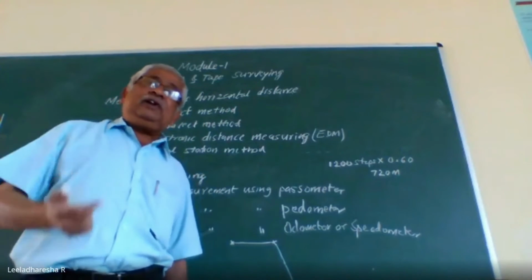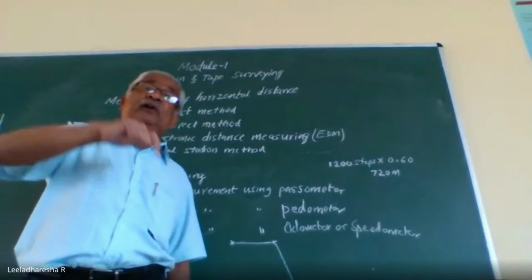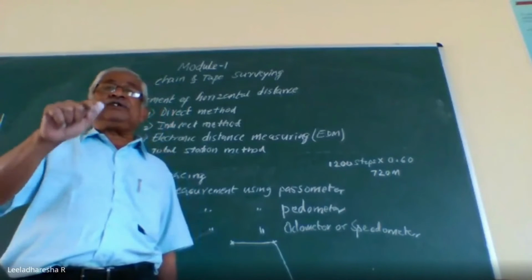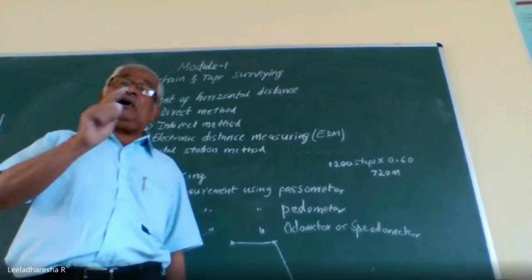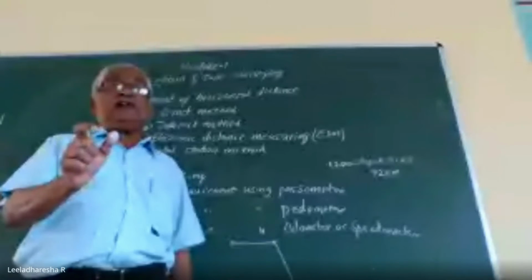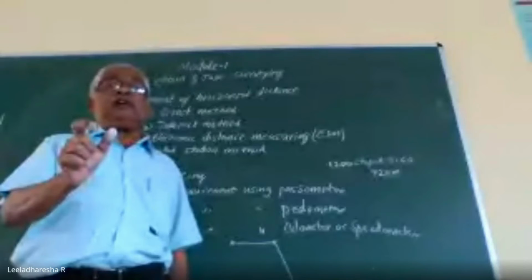So it automatically counts the number of steps multiplied by the average distance that you cover in one step, and gives the distance directly from A to B. So you need not once again multiply the number of steps and the average length covered in each step.